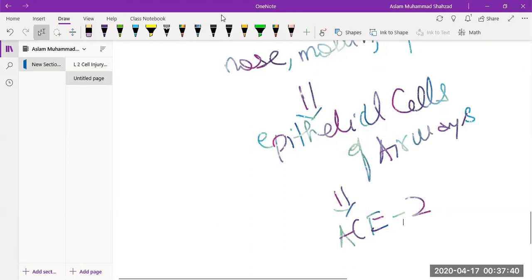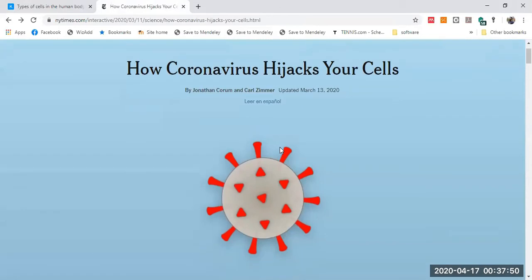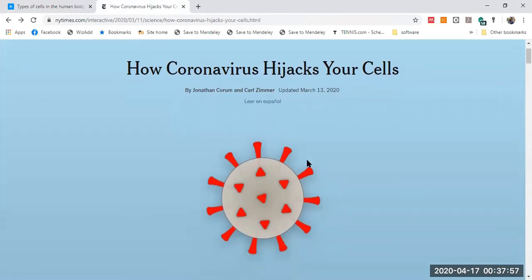For this, I can show you one website, an example about coronavirus. This is the New York Times article on science, where we're talking about how coronavirus hijacks your cells. Because we're talking about cells, any cells can be affected by an etiological agent. In the case of coronavirus, we have the virus that is affecting the cell.